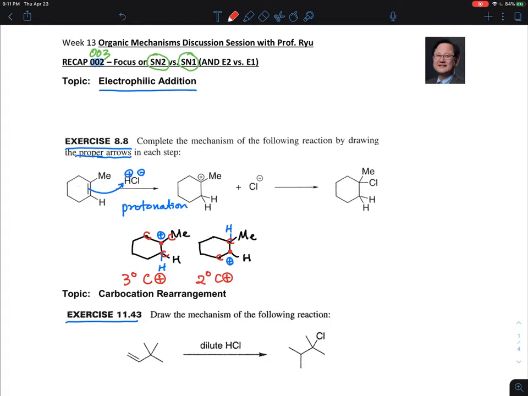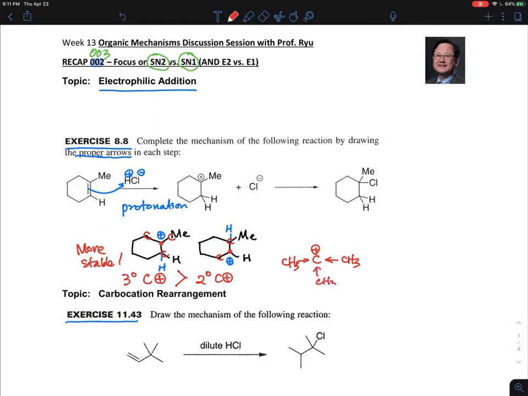And which is more stable? Tertiary carbocation is more stable. Always remember that, and that becomes very important. The reason is that the methyl group is an electron donating group. Carbon has a little higher electronegativity, so it pulls the electron from hydrogen, and with the CH3, the net dipole is essentially electron donating.